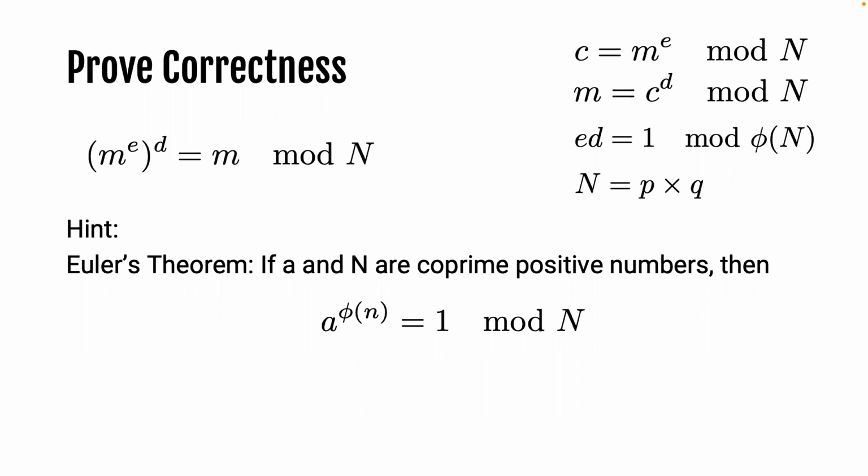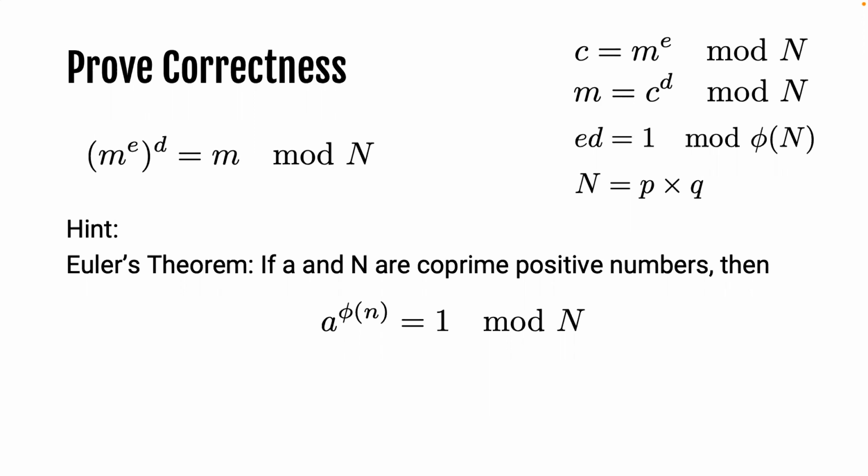All right, so now let's prove, working together, that if you have a plain text M and you encrypt it, you get M to the E mod N. Now if you want to decrypt it, which is to take the ciphertext and decrypt it, you have M to the E and then to the D. Let's prove that this is equal to the plain text mod N, meaning that if you use this way to encrypt and then the same way to decrypt, you will recover your plain text.